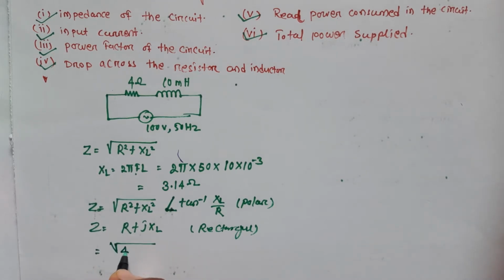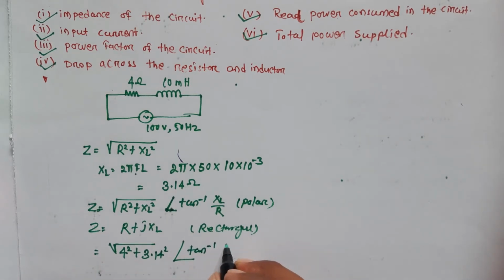Z equals the square root of 4 square plus 3.14 square, with angle tan inverse of 3.14 divided by 4.